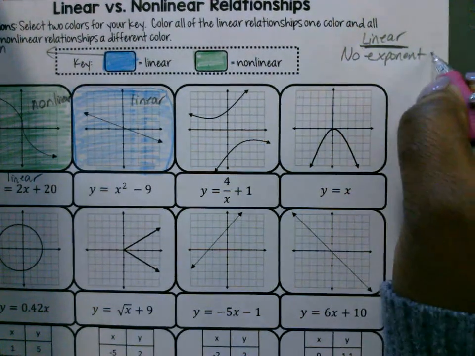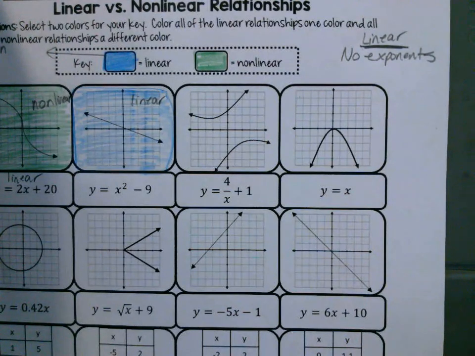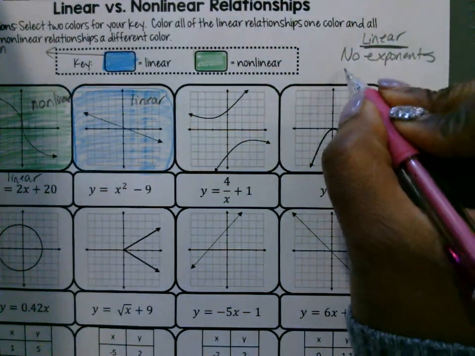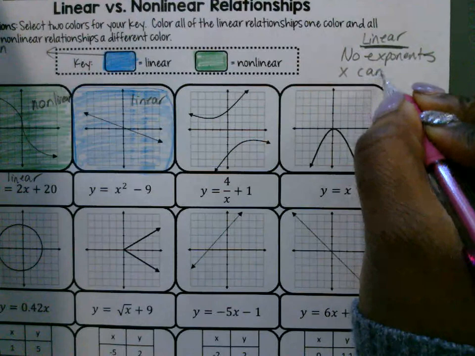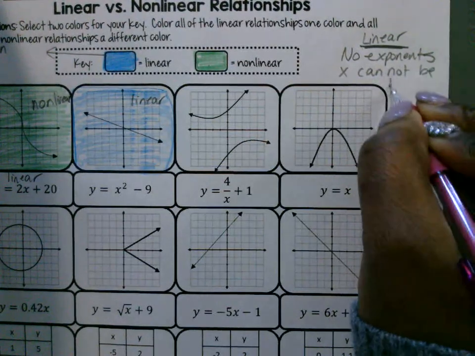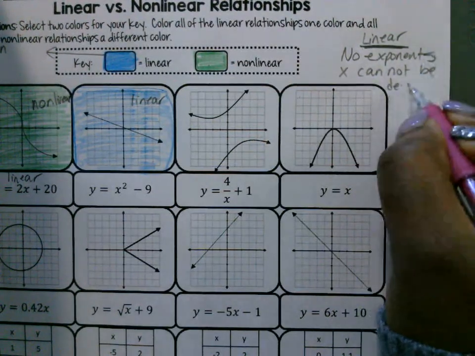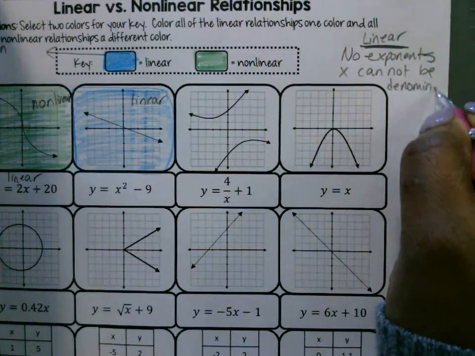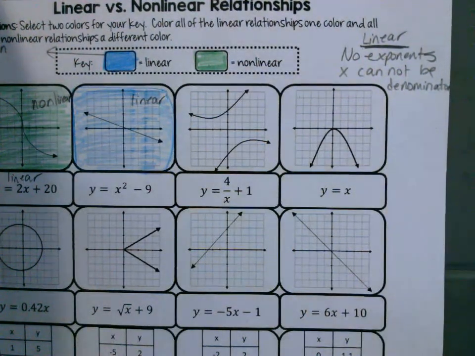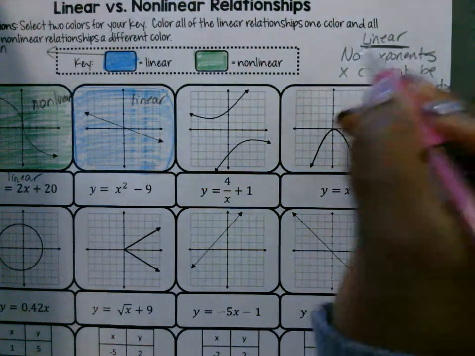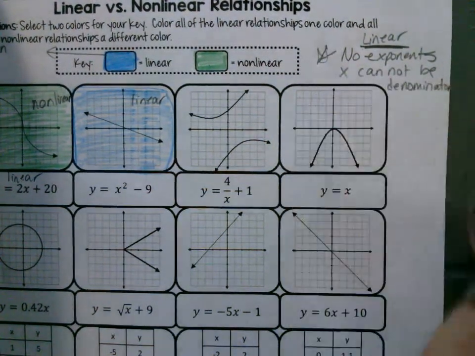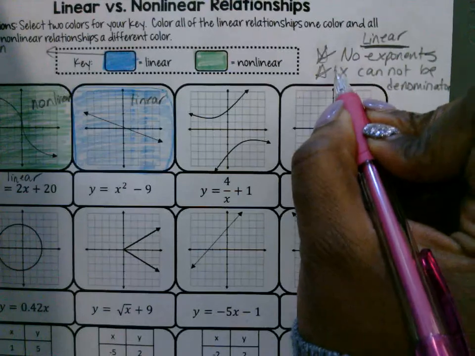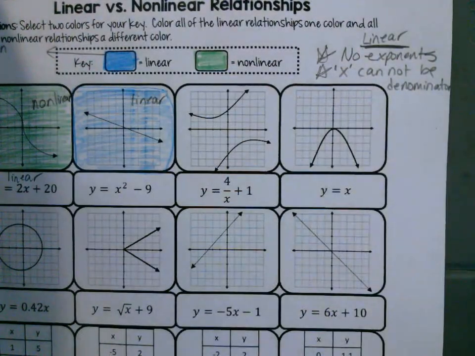The x cannot be a denominator. So no exponents, and x itself cannot be a denominator. It cannot be on the bottom of a fraction.